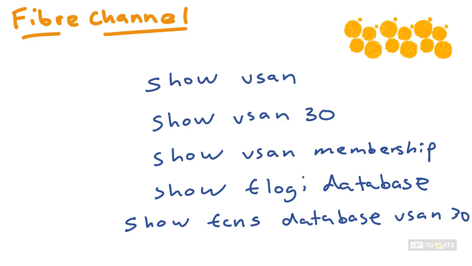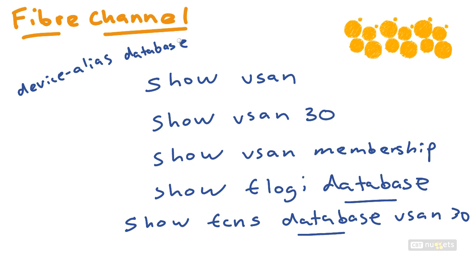And by the way, when you're dealing with these names that you see in these databases, we know the names are going to be those long strings of hexadecimal, and that's going to be really cumbersome to work with. So one of the things that you can do is you can go into global configuration mode on your MDS, and you can say device-alias database in order to enter the device alias database.